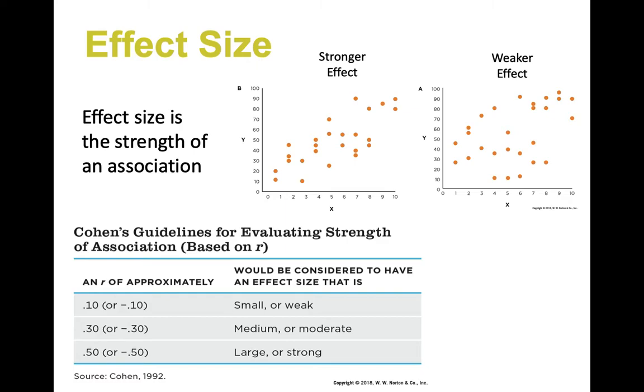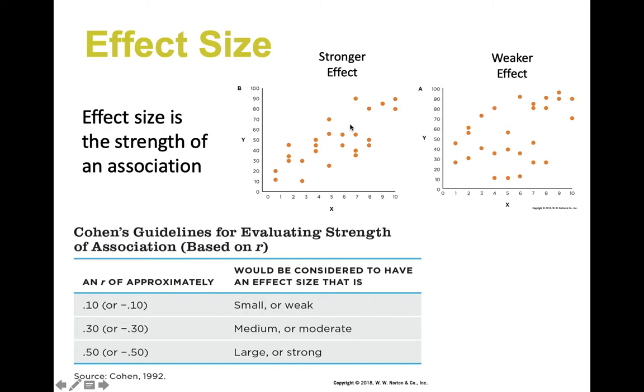So if we look at our two figures here, we've got panel A and panel B. In both of these scatter plots, we've got a positive association between our two variables, x and y. Why is there a positive association?